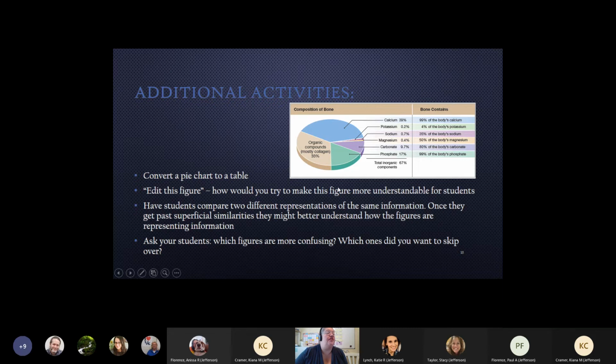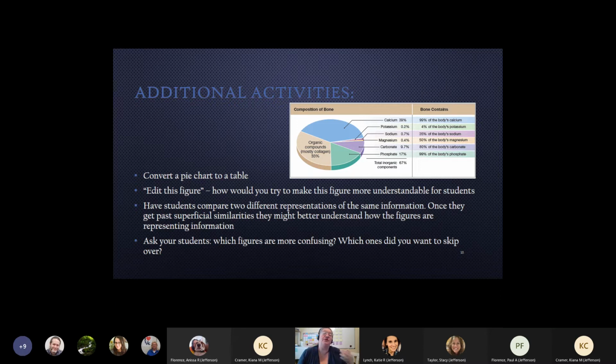And so she'll focus with them on this left side that has this pie graph, and she'll actually have them do kind of a think, pair, share, where they begin with some independent work, the think part, where they try to put this pie graph into a table. And then she has them pair up and talk about how they're approaching it. Because when you're trying to put this in tabular form, you're going to want to do probably organic versus inorganic, and then add in all these examples of the inorganic components.